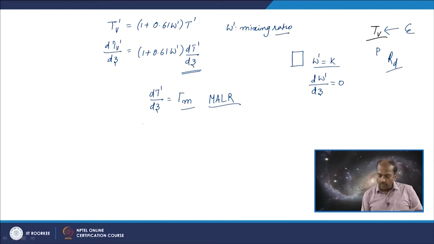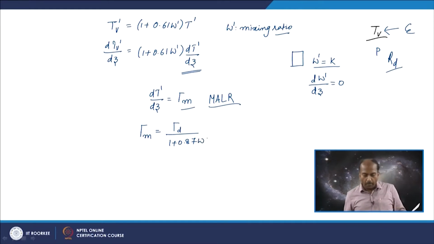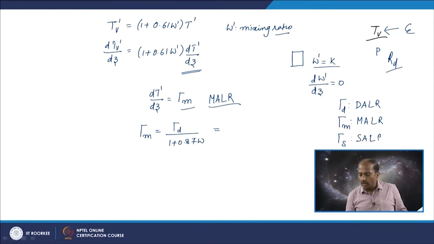We know from our earlier discussions that gamma m can be written in terms of gamma d as gamma d by 1 plus 0.87 W, right. What is gamma d? Gamma d is the dry adiabatic lapse rate, gamma m is the moist adiabatic lapse rate, gamma s is the saturated adiabatic lapse rate. These three are different anyway, right.